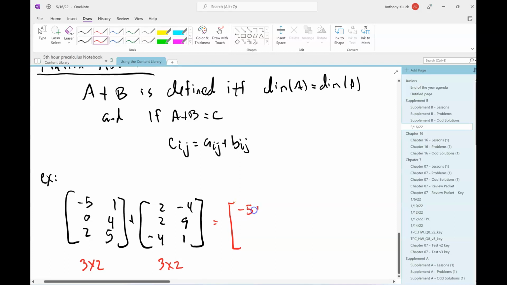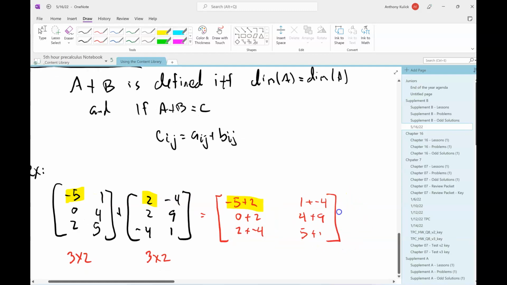So what does this mean? Well, the first entry is just going to be the sum of the first two entries. And we can just go on doing this. Again, you could probably do these arithmetics in your head.